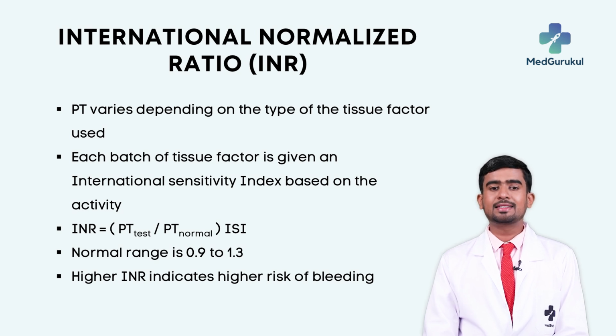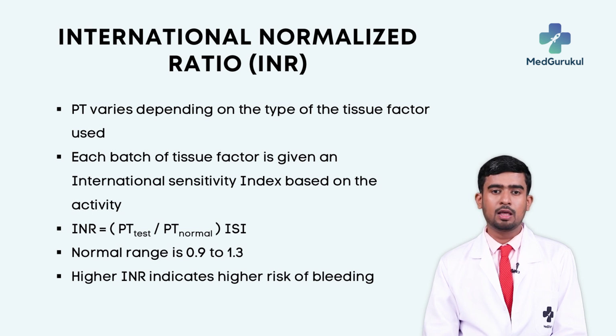Before analyzing the prothrombin time, we have to obtain the international normalized ratio for that particular test, because the type of tissue reagent or the tissue factor used in different laboratories will be different. So, the prothrombin time will vary from lab to lab, or it can even vary from time to time in the same lab, because the potency of the tissue factor used for this test might change at different times.